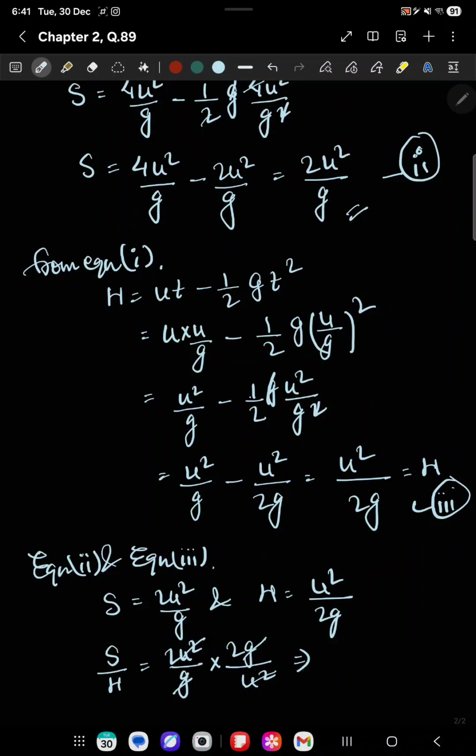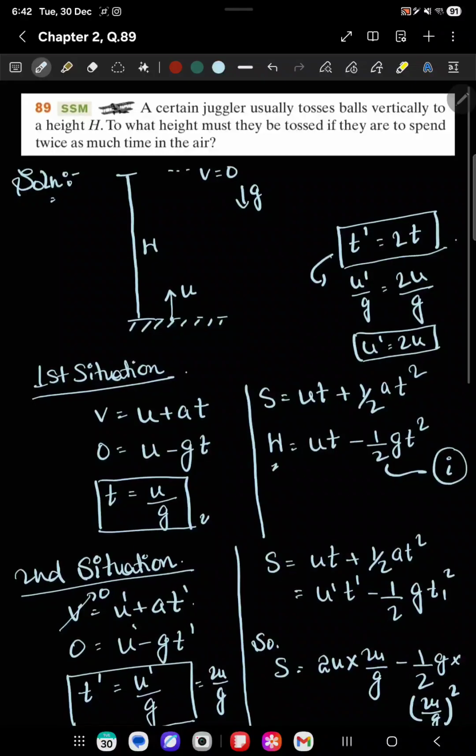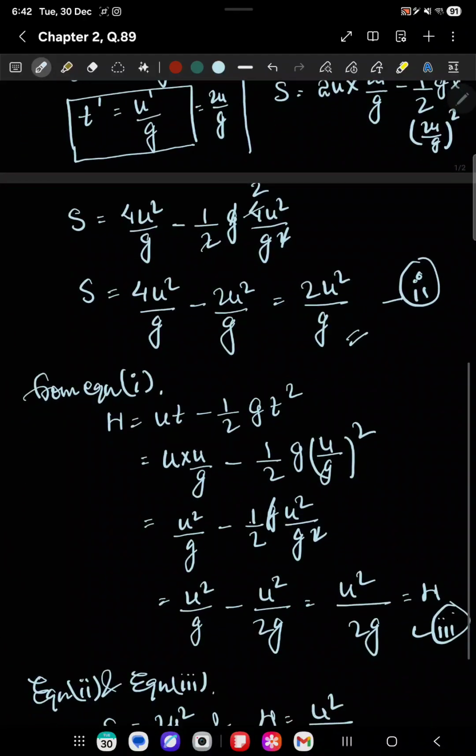So from here what we got, s upon h is 4, and from here we get s equals 4h, and this is our answer. It means that we have to throw at 4 times the initial height to make sure that the time in the air will be twice the initial. So that is all about this question.